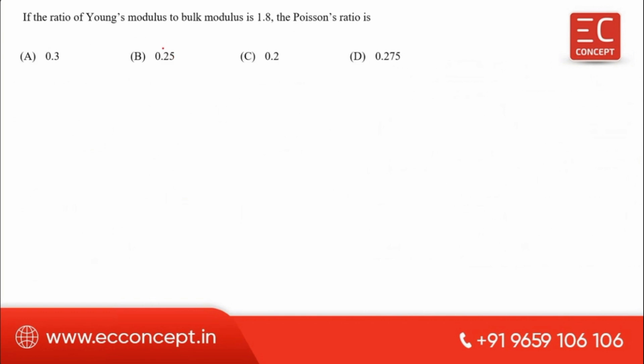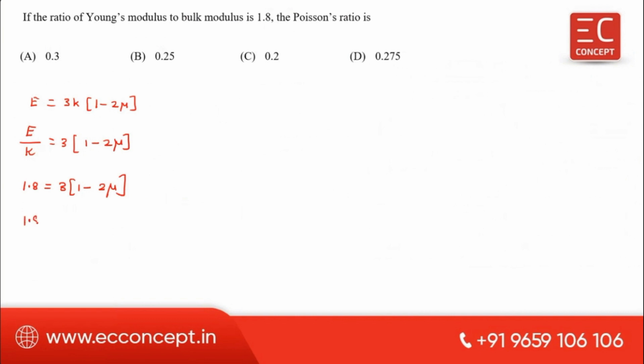Next one: if the ratio of Young's modulus to the bulk modulus is 1.8, then what is the Poisson's ratio? We know the relation E is equal to 3K(1 minus 2 mu). So E divided by K is equal to 3 into (1 minus 2 mu). E by K is 1.8, which is equal to 3 into (1 minus 2 mu).